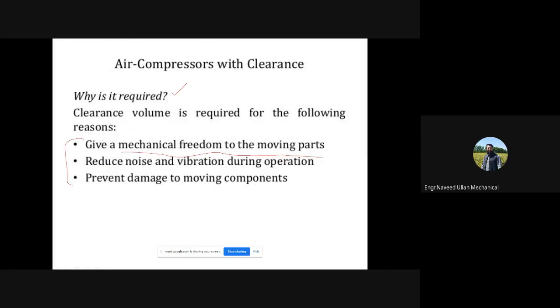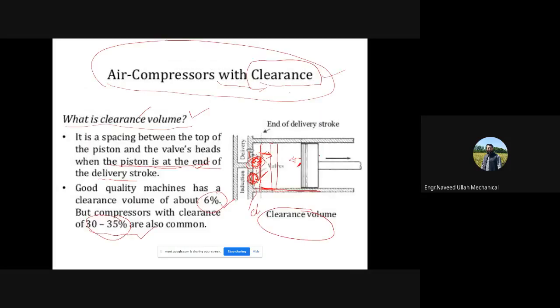दूसरी वजह क्या है? Reduce noise and vibration during operation. It is very obvious that if, for example, the piston is moving from here and it comes to this position and again it is coming here, so it will actually all the way be in contact with this head. Okay, तो ये all the way जितनी भी stroke करेगा ना, ये इसके साथ in contact होगा.